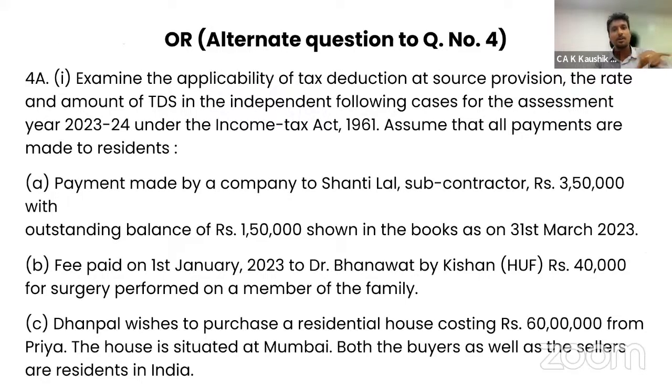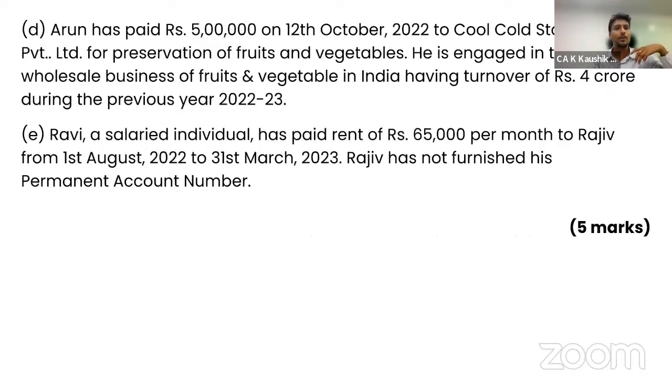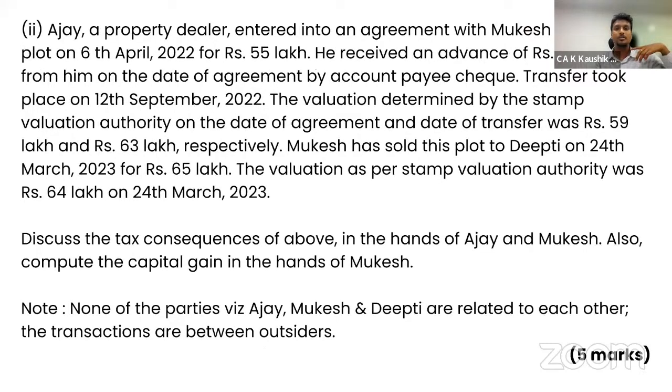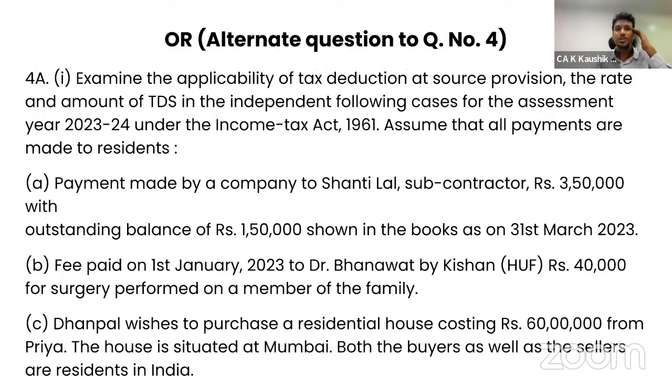Now moving to question number 4A, alternative question. Here they have given 3 sub-questions again. The first question is dealing with the TDS provisions: examine the applicability of tax deduction at source provisions, the rate of TDS and the amount of TDS in the following independent cases for the assessment year. 3 things you'll have to look at.